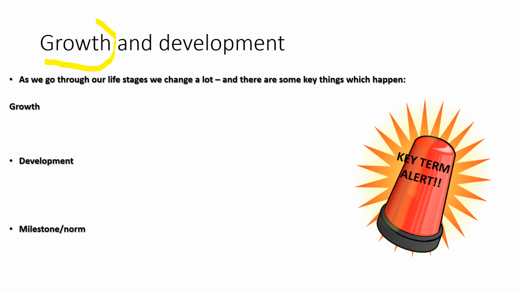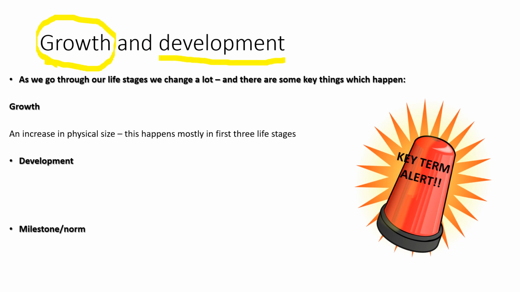Now, growth we've already talked about. Growth is one of our key terms. Growth means physical growth, an increase in physical size, and that generally happens in the first 3 life stages. Development is a bit different, because development means gaining new and more complex skills, abilities and emotions.